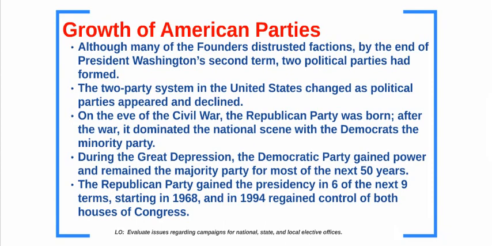During the Great Depression, the Democratic Party gained power and remained the majority party for most of the next 50 years. The Republican Party gained the presidency in 6 of the next 9 terms, starting in 1968, and in 1994 regained control of both houses of Congress.